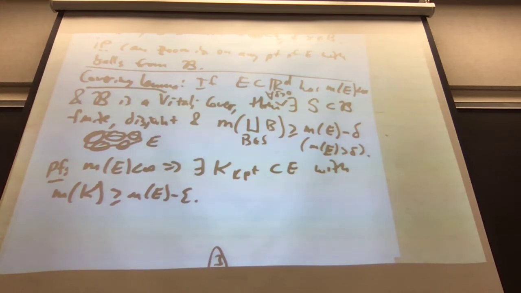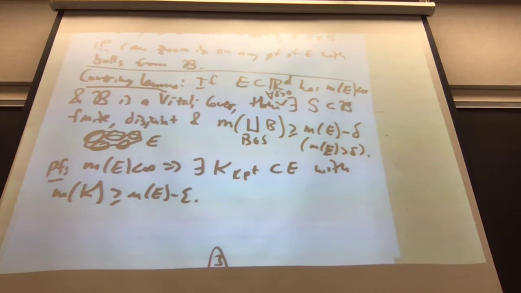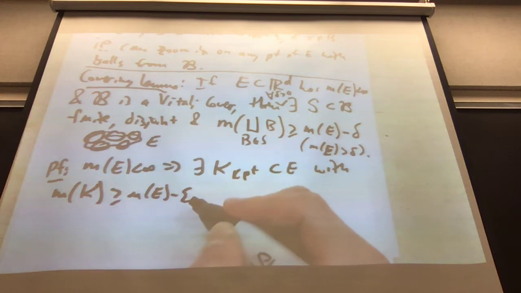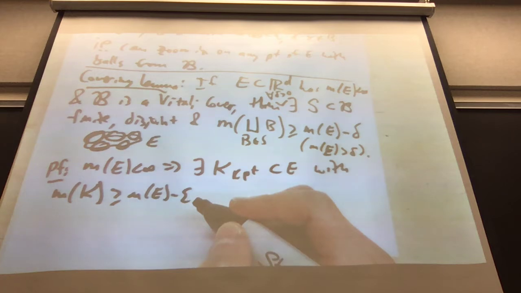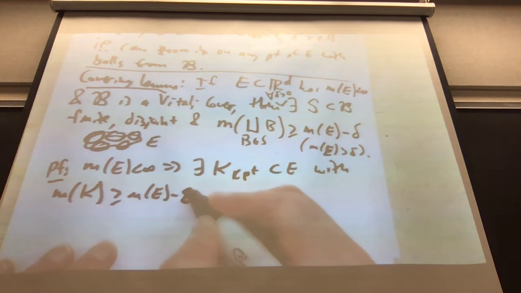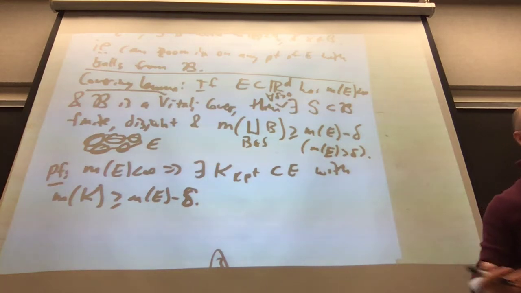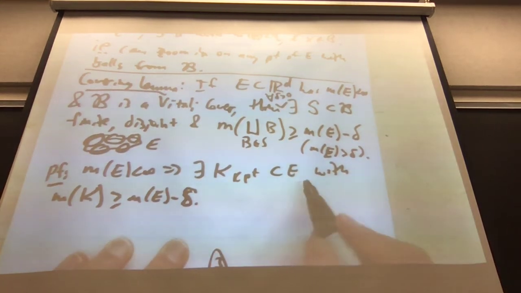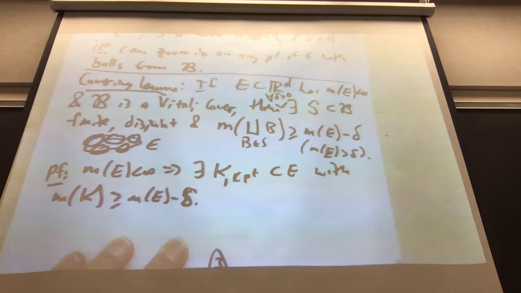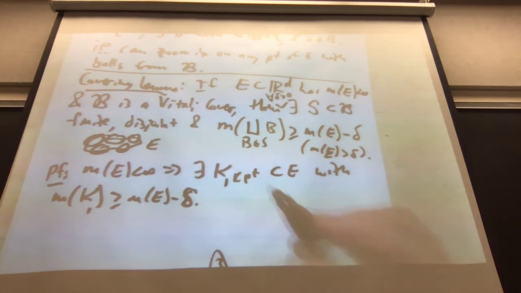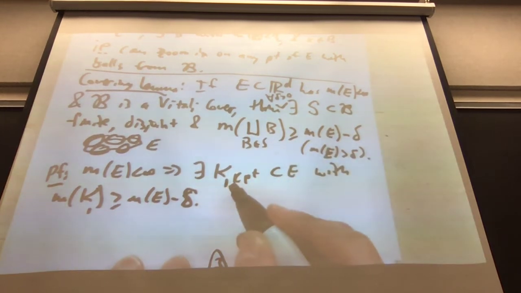Okay. You have like a cover. Yeah, that's exactly what I'm going to do in a second. So delta is given to us. Just want to make sure I do this in an optimal way. Yeah, let's just make that delta. Okay, so you can do it for any epsilon, in particular I can do it for delta. There exists a compact subset. Let's call this K1. So first I cut out a compact subset. Because it's compact, of course the Vitali cover is a cover of K1.